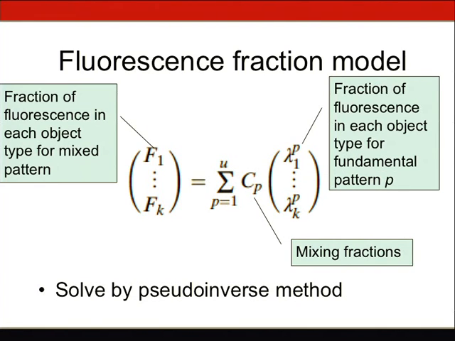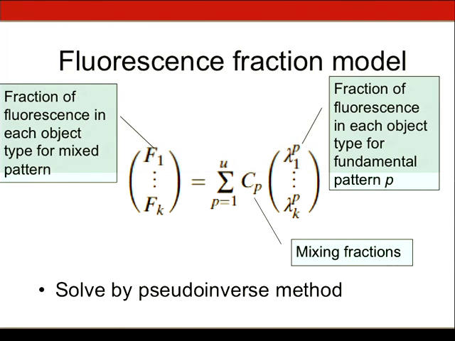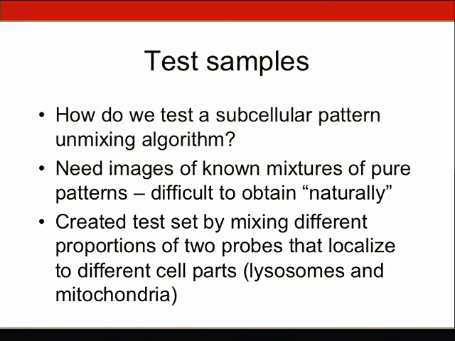And we can do exactly the same thing, which is that we can build a vector that's a fraction of the pattern P contained in each of the object types from 1 to k. So this is now the fraction of fluorescence in each object type. We once again have some mixing fractions, and we have a linear mixing model that says how much of the fluorescence we would observe. Not how many objects, but how much of the fluorescence we'd observe, and we can solve that in a straightforward way by pseudo inverse.